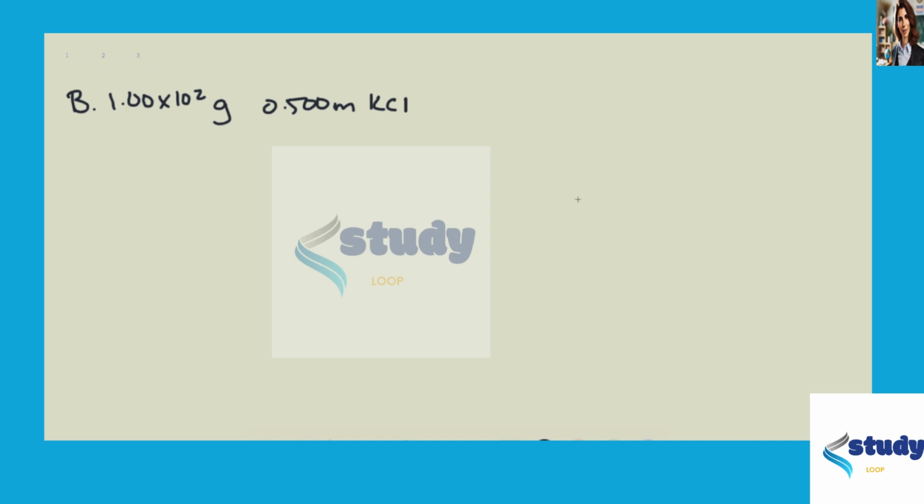Part B here asks how you would make 1.00 times 10 to the second grams of a 0.5 molal potassium chloride solution. Unlike the capital M before, this is a lowercase m, and what that means is the number of moles of solute per kilogram of solvent.